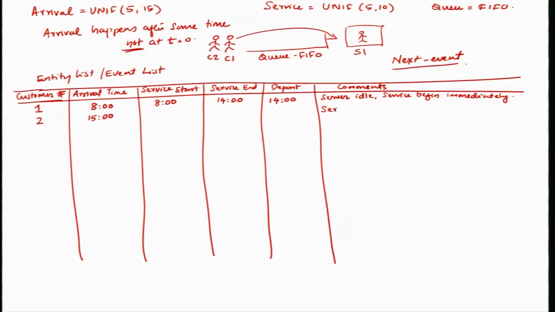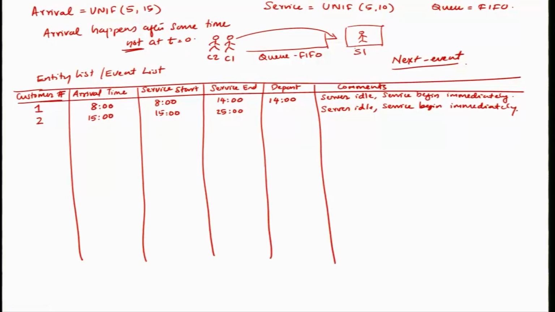When it arrives, it sees whether the server is idle. At 14 the entity finished the service and left, C1 has left. So, the server is idle, service begins immediately. The service will start at 15 and I am taking the service time to be 10 time units, so it will get over at 25.